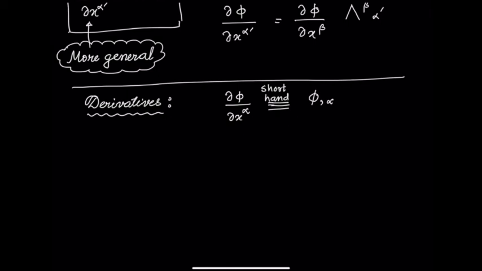That comma alpha means I have taken a derivative with respect to x alpha. Let's take some examples.